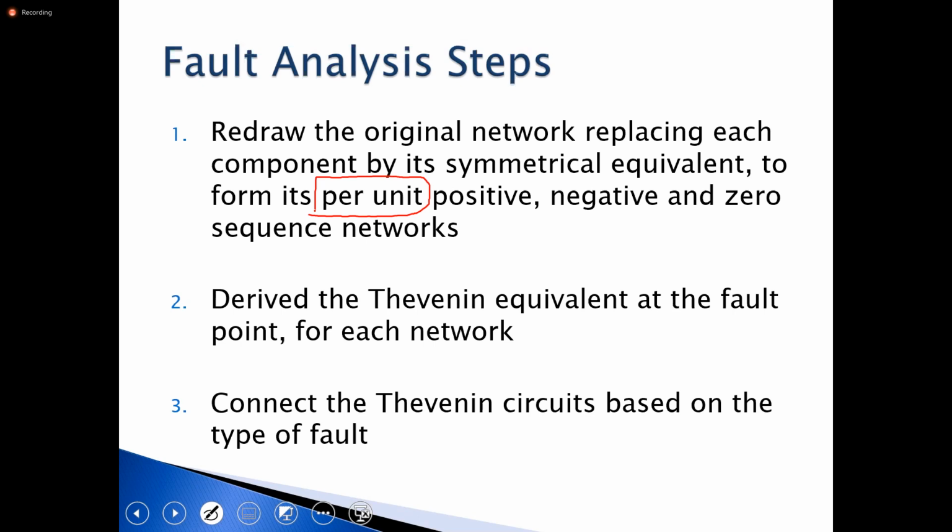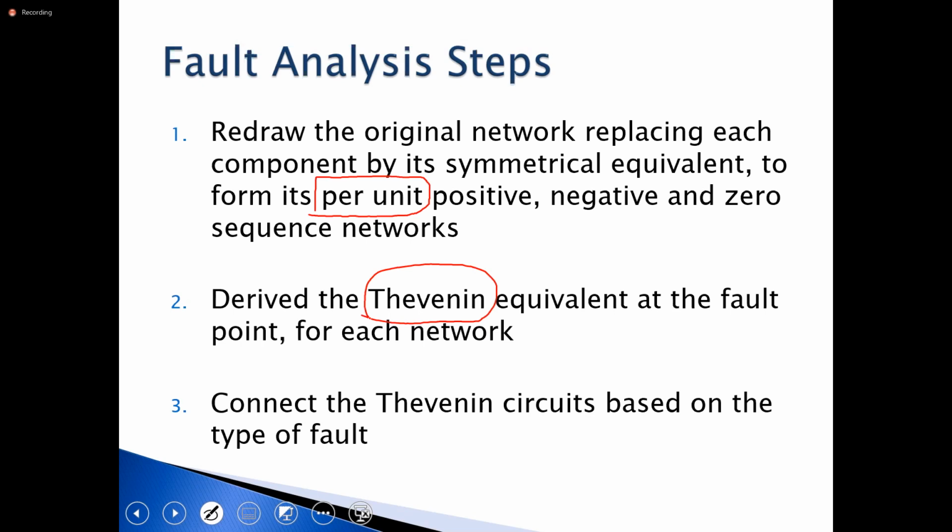Step 2 is that you're going to derive, and this word comes up again, the Thevenin equivalent at the fault point for each network. It's quite simple.